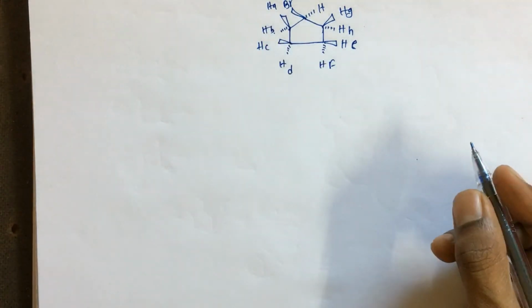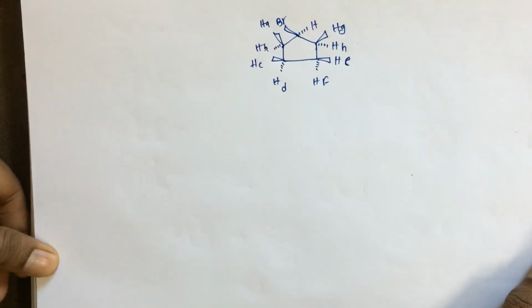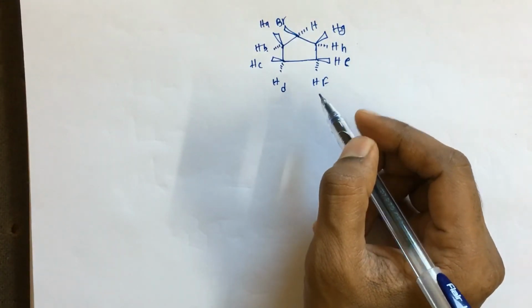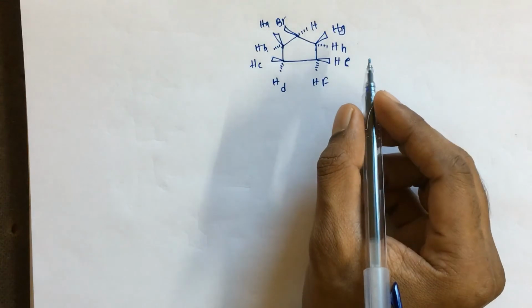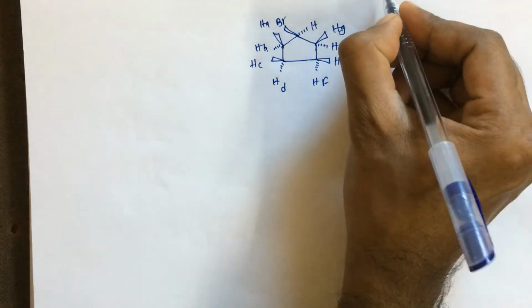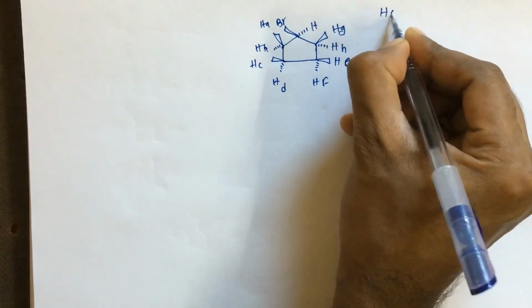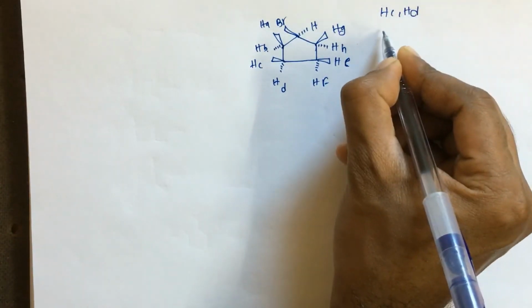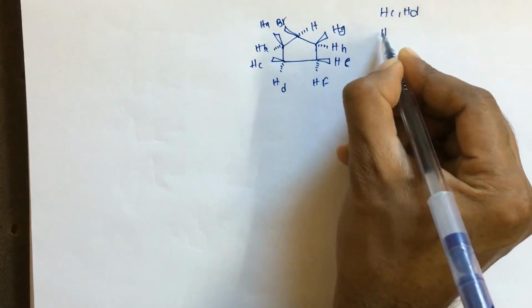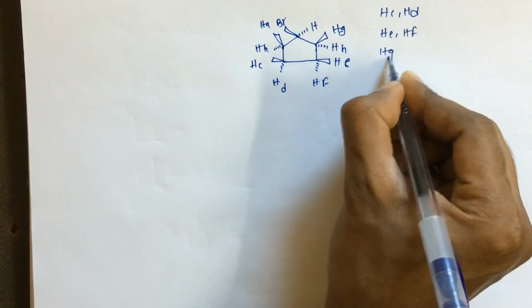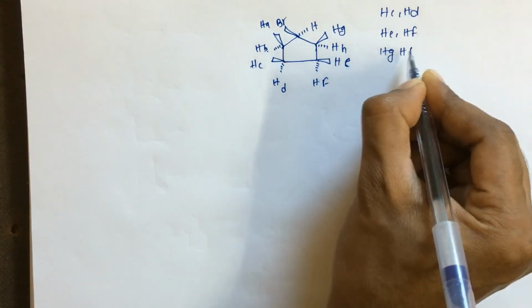Now in this, we have four pairs of hydrogens, right? We have to identify the relationship between Ha and Hb, Hc and Hd, then He and HF, and Hg and HH.